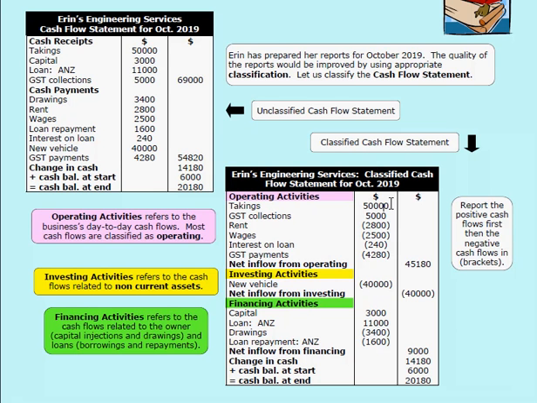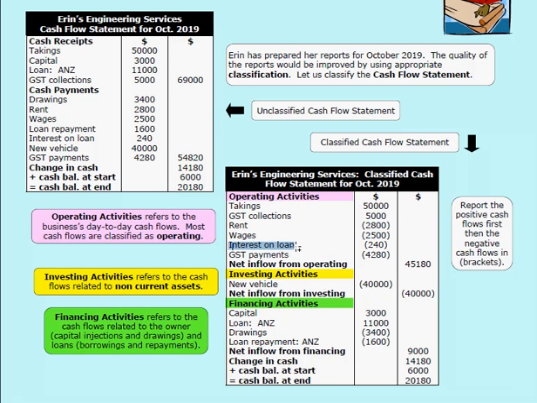And then you list the negative operating activity, that is the cash payments that are classified as operating activities. In this particular case, rent is classified as a negative operating activity, so we put brackets around the figure. Wages, brackets around the figure, or you could put in a minus sign, but brackets are preferred.